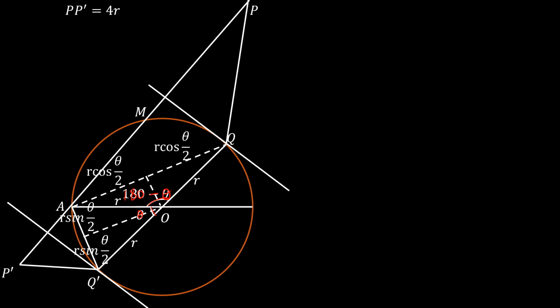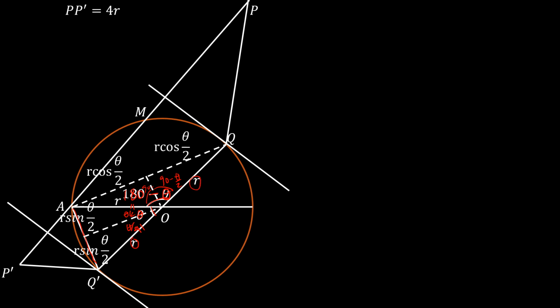And since this is the same as this, we're going to have theta over 2 here and theta over 2 there. And since this is r, this line here is going to be r sine theta over 2, and this line is going to be r sine theta over 2. Similarly, this is going to be 90 minus theta over 2, and this is going to be 90 minus theta over 2.